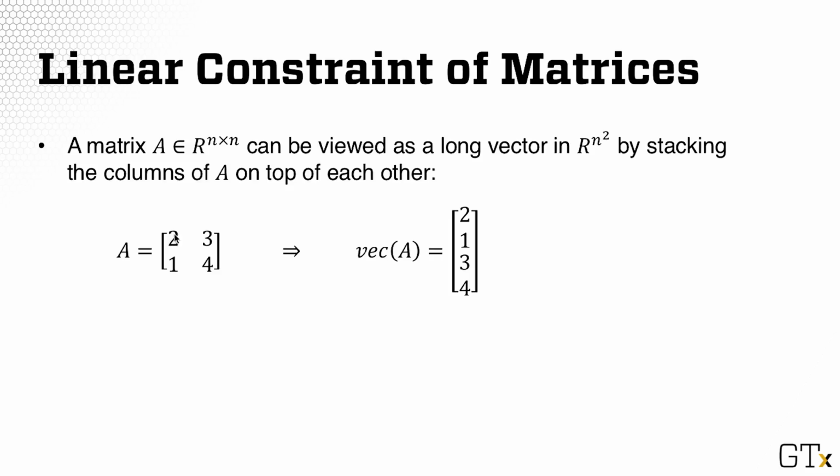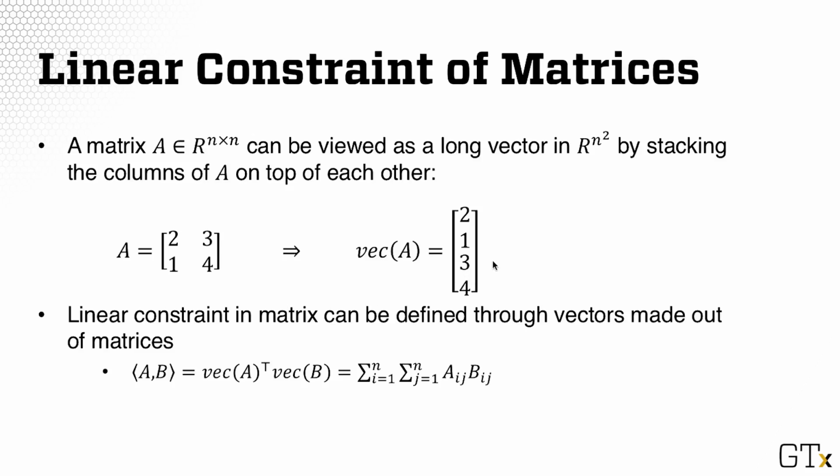So, for example, A is this 2 by 2 matrix. It doesn't have to be symmetric, any 2 by 2 matrix. You can think about this as stacking the columns 2, 1 on top of 3, 4. So this is a long vector of n squared components, but it's just a vector.